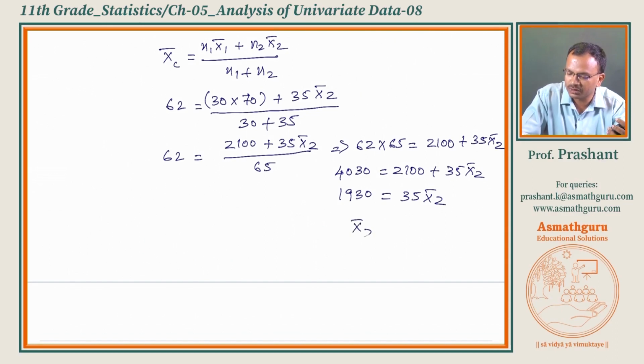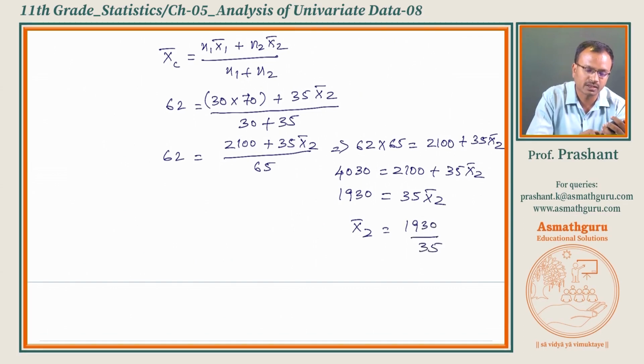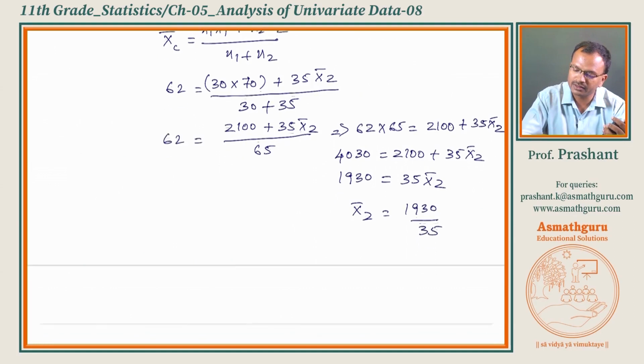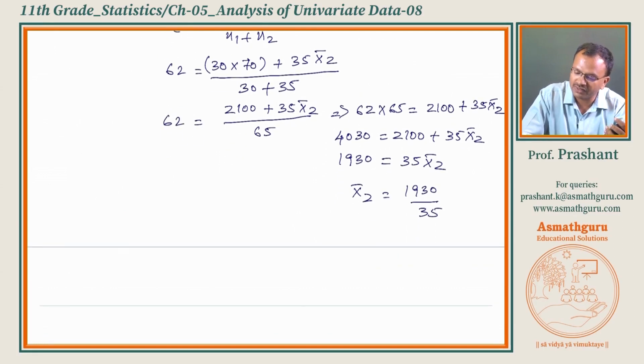I will keep x bar 2 on the left hand side and transfer 35 to the right hand side, so it goes to the denominator. Then 1930 divided by 35. Just divide that, and x bar 2 is equal to 55.1428. This is the answer you will get when simplifying.